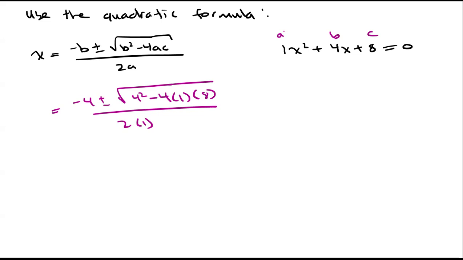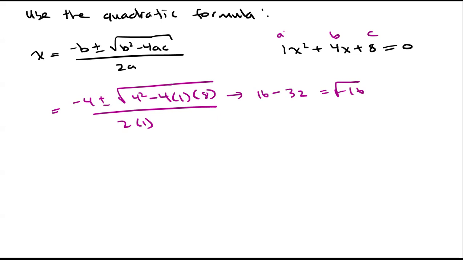Normally what I like to do is look inside the radical and see if I get a solution. So we get 4 squared, which is 16, and then 4 times 1 times 8 is 32. Well, that's going to give us a negative 16. In the real world, we can't take the square root of a negative number, so we would stop and say we have no solutions.